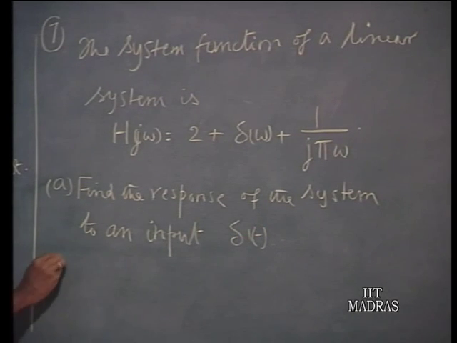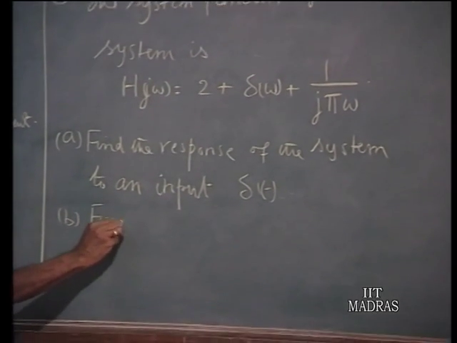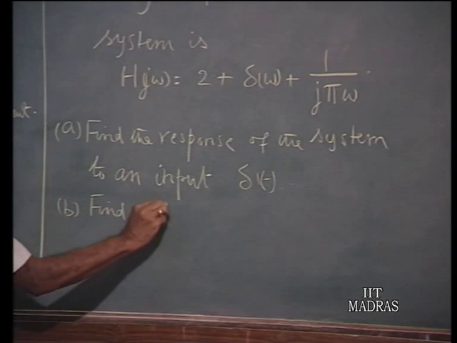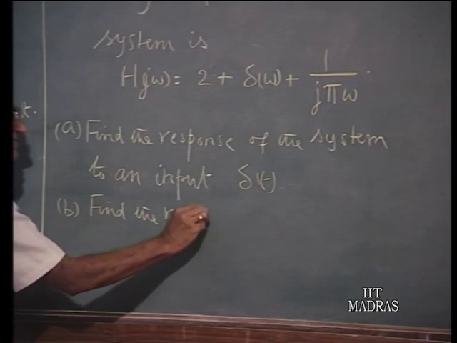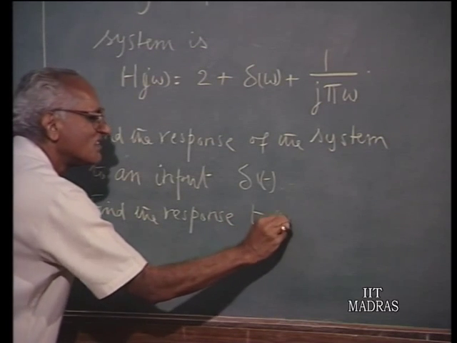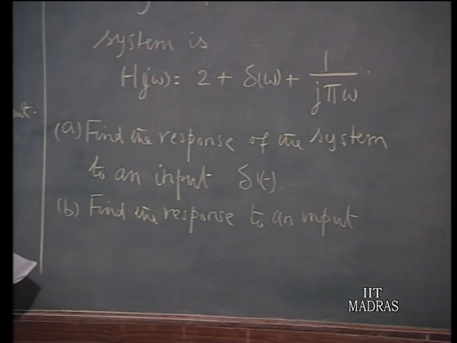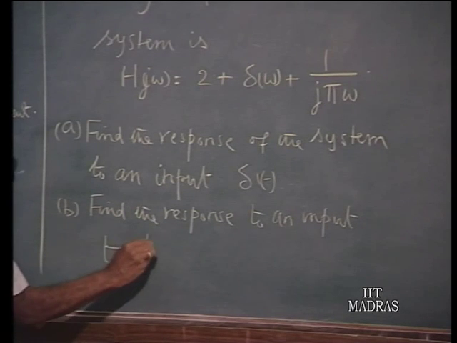B, find the response to an input which is equal to t multiplied by e to the power of minus t u t.